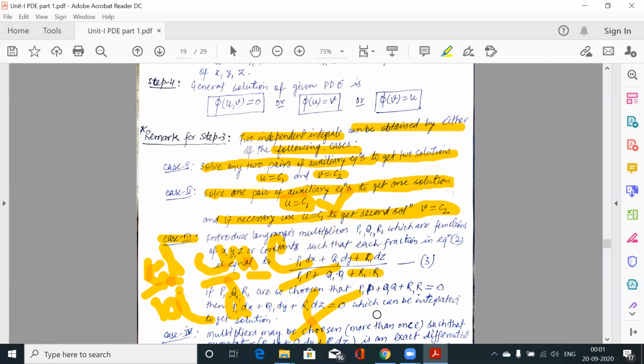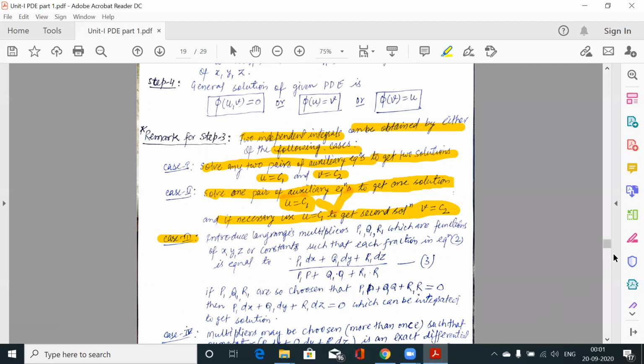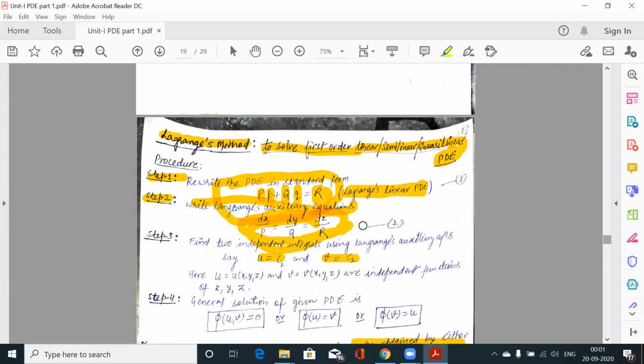With this, I assume that you remember the properties of fractions. So we are going to use these properties to get our integration using the auxiliary equation. The auxiliary equation means we have three fractions, dx over p, dy over q, dz over r.